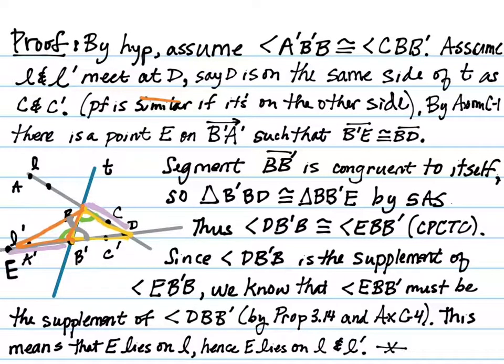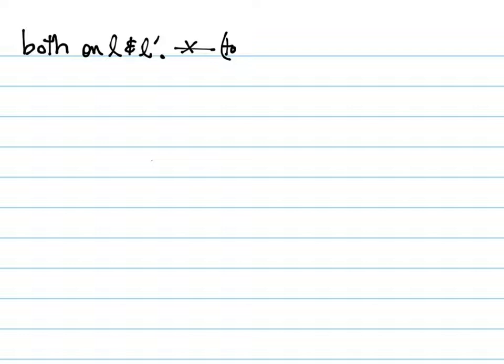And that's a contradiction because that would mean that D and E are both on L and L prime. So we have a contradiction. It contradicts proposition 2.1. Thus, L is parallel to L prime. Ran into a problem.